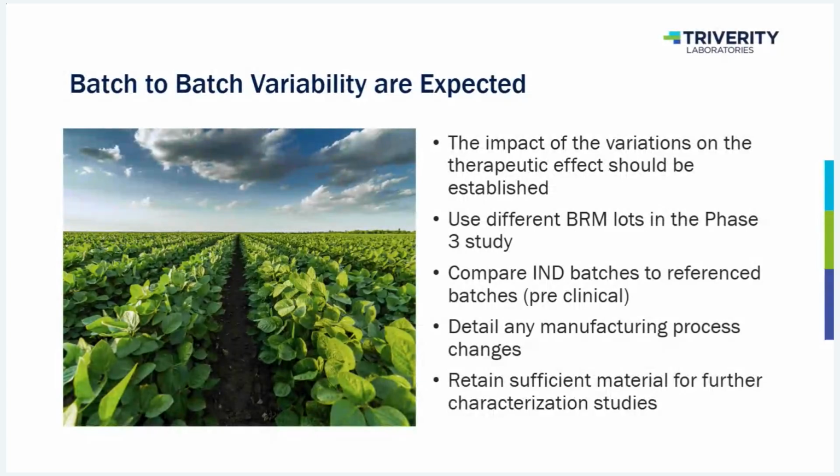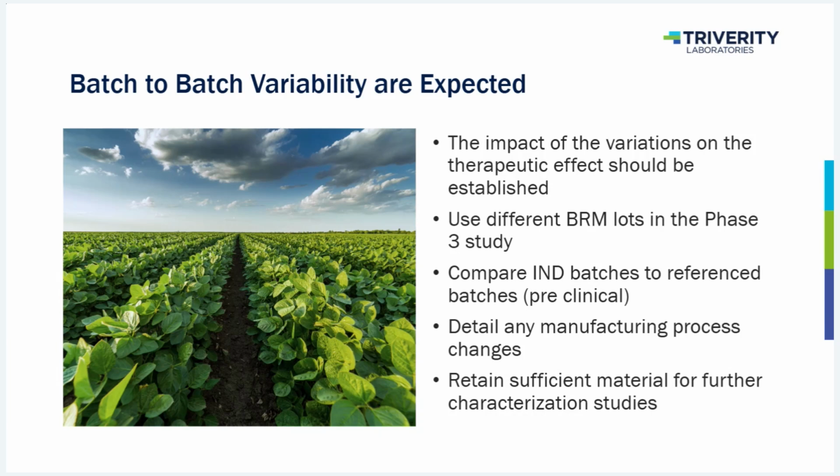We're moving now into phase 3 of your IND, later development. So it is expected that you're going to have batch-to-batch variability of your botanical drug substance, but you need to establish what the impact of that variability is on the therapeutic effect.